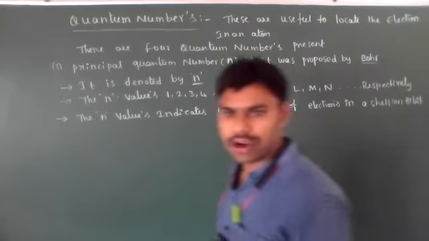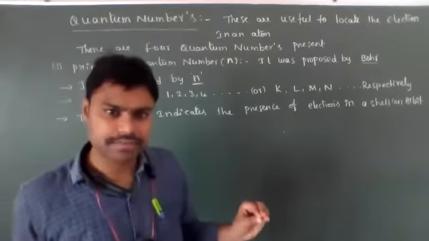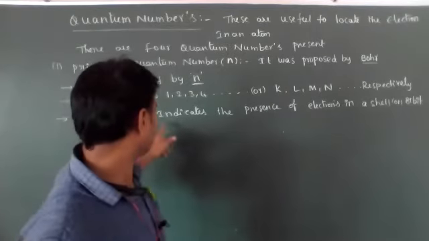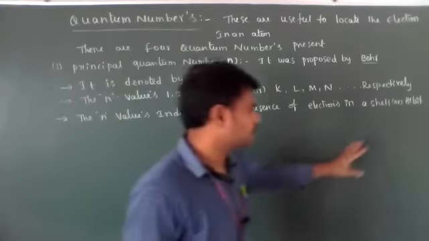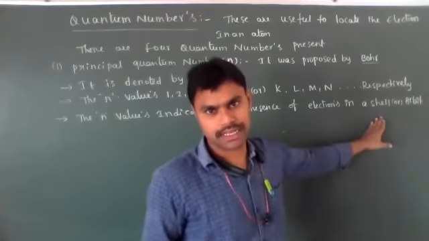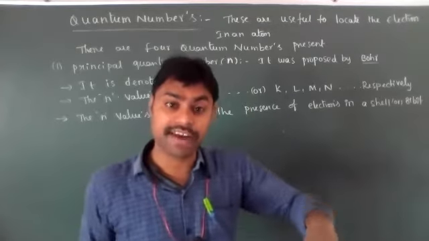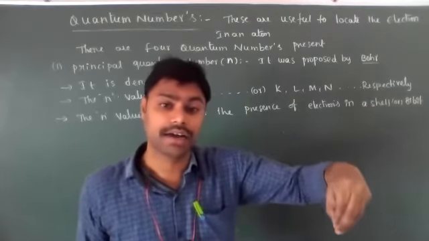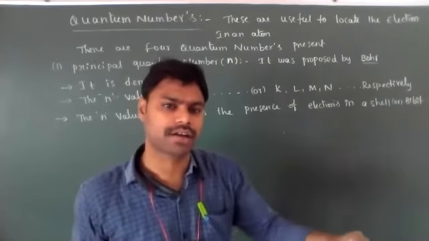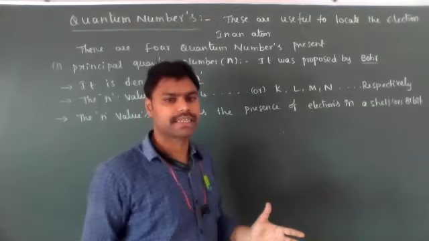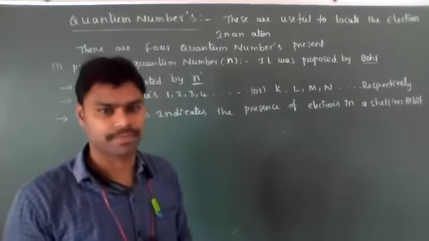The shell we also call an orbit. From the n values, we can identify that the electrons are present in an orbit or shell. That is the first position of electrons. Where exactly the electron is present within an orbit, in an orbital, will be explained by the magnetic quantum number.